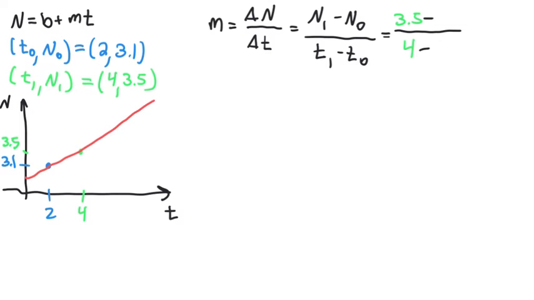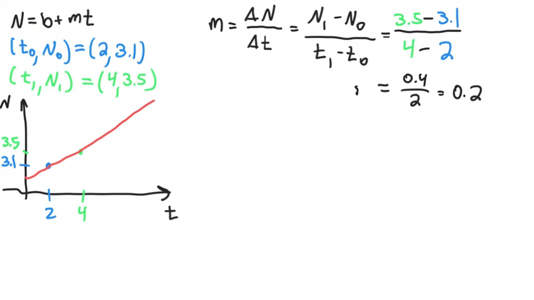And then we're going to take a difference. We would take n0, which is 3.1, and then we're going to divide by 4 minus our initial value for t0, which was 2. And so doing the calculation here, this would give us 0.4 over 2, which is 0.2.